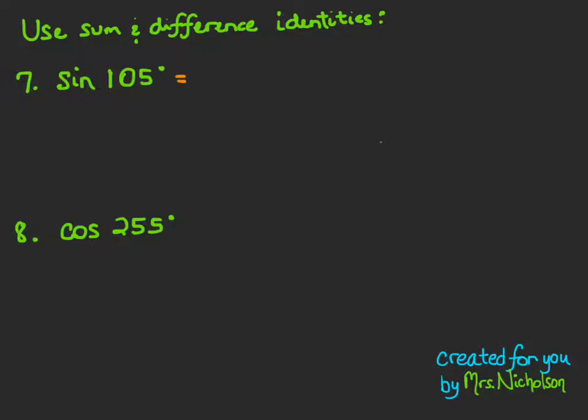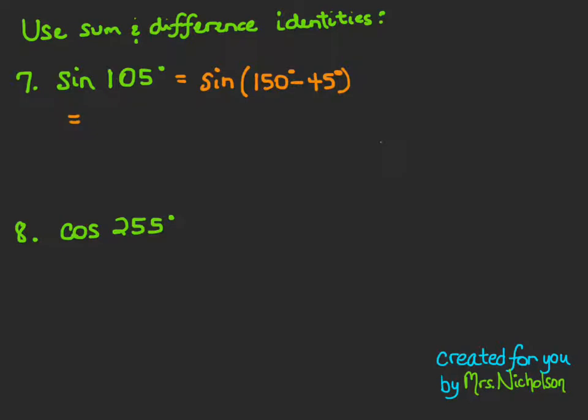105. I think I'm going to use a difference and say that 105 is equal to 150 minus 45 degrees. You could have picked other angles. If you chose other angles that add to 105 or even other angles that subtract to 105, you're still going to end up with the same final answer as I do.